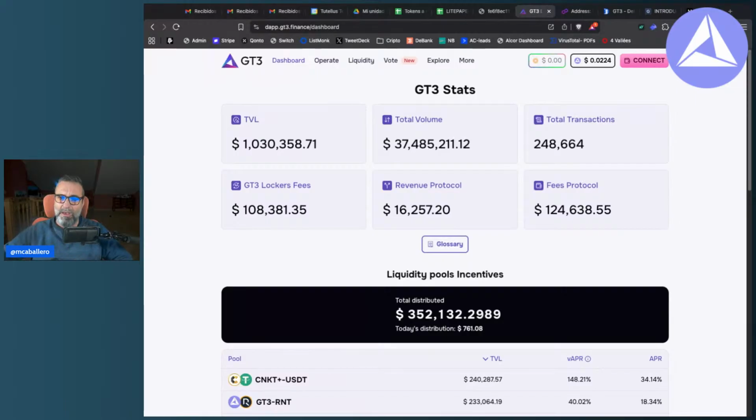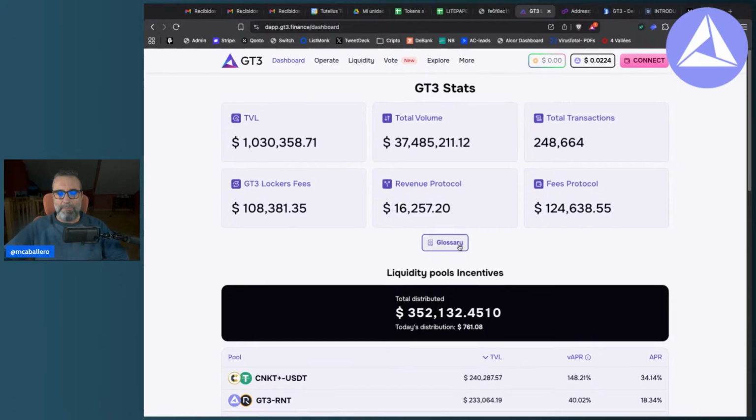And at the end of this month, I'm sure we will be over 200K in protocol fees and around maybe 30K in pure protocol revenue. So the numbers are, I think, very good to start.